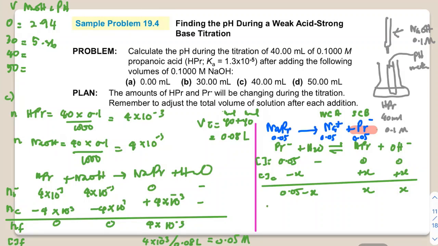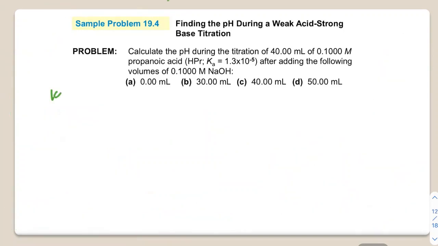So Kb is equal to Kw over Ka, 1 times 10 negative 14 over the Ka that is given, 1.3 times 10 negative 5. So the Kb is 7.69 times 10 negative 10. Okay, let's continue.